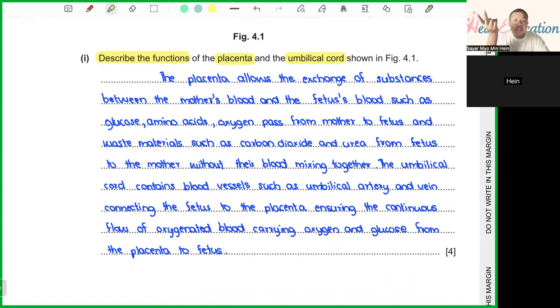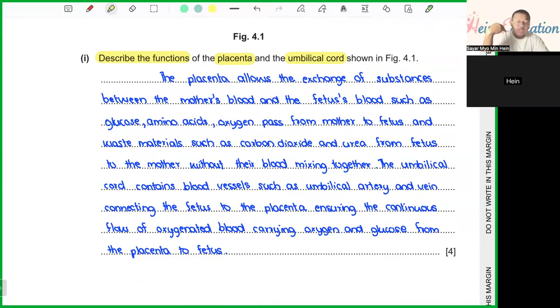So for the placenta, it allows exchange of substances between the mother's blood and the fetus's blood, such as glucose, amino acids, and oxygen, which will pass from the mother to the fetus, and waste materials such as carbon dioxide and urea will be passed from the fetus to the mother without the blood mixing together.